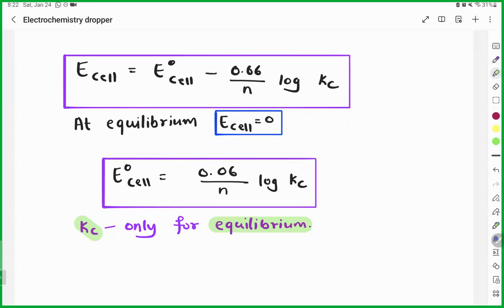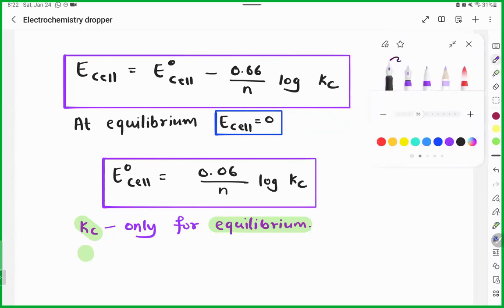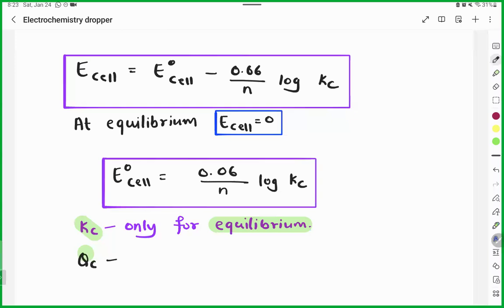At any other moment in your life, whether you are in a positive situation, you have savings, or you have loans, you will use the Qc value. Qc is the reaction coefficient.